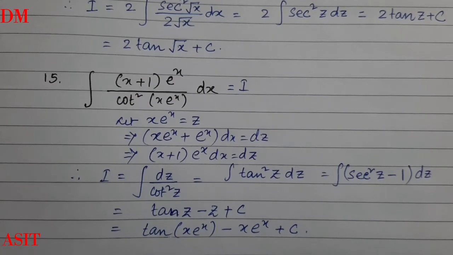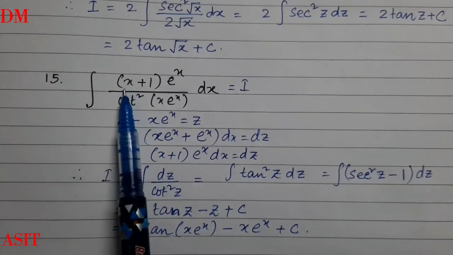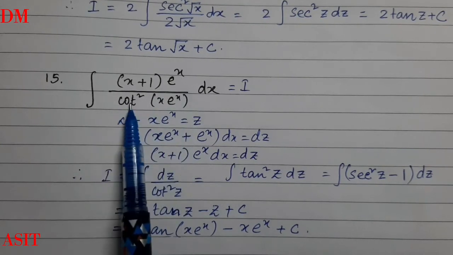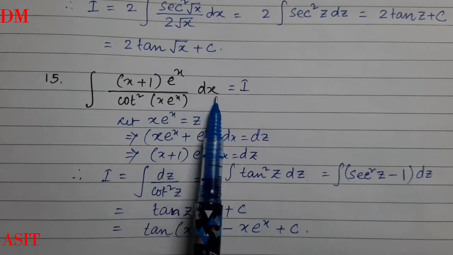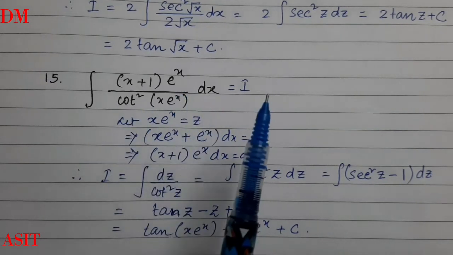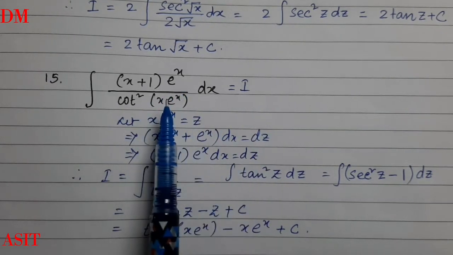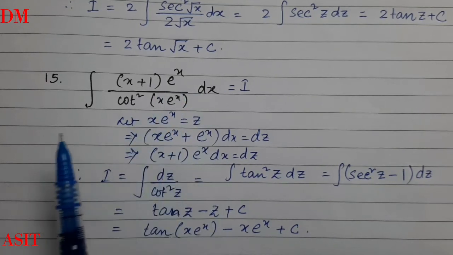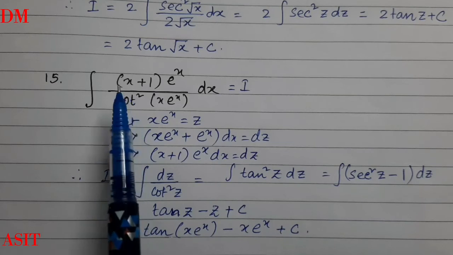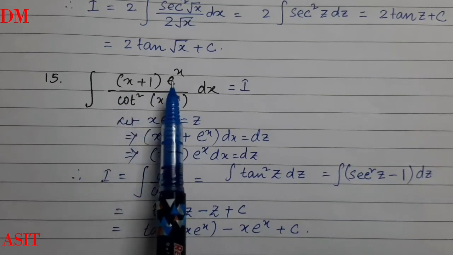Now let us see the 15th question, that is x plus 1 into e to the power x by cot square x e to the power x dx. So pause the video again. Pause the video, solve this question, then you will match your answer. So let's see the answer. This is x plus 1 e to the power x.